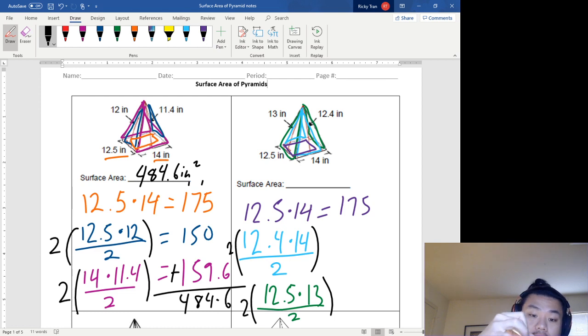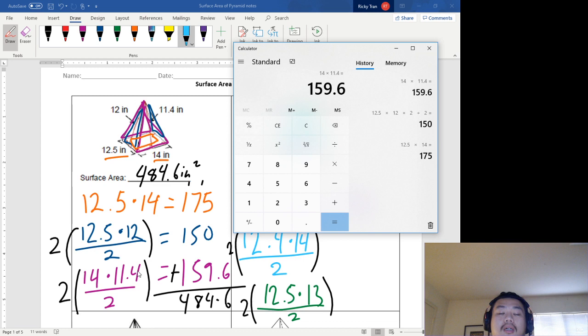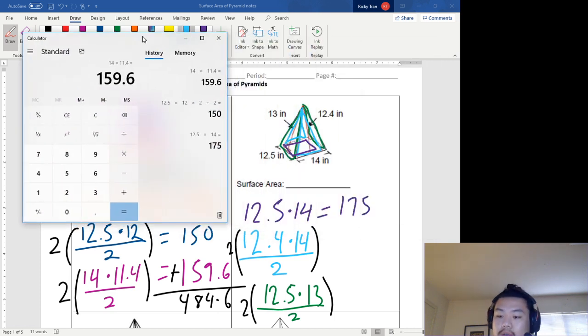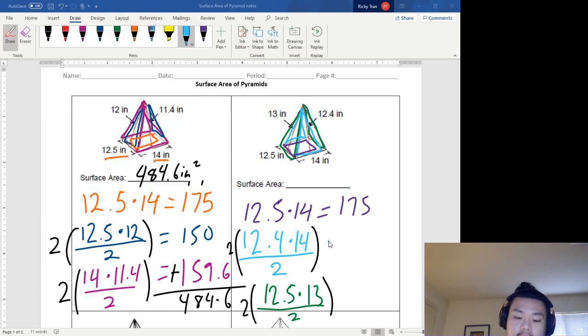Okay, so with, let's see, 12.4 times 14, which is 173.6.